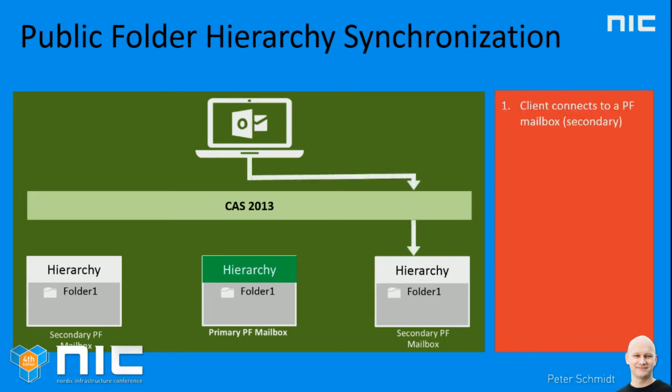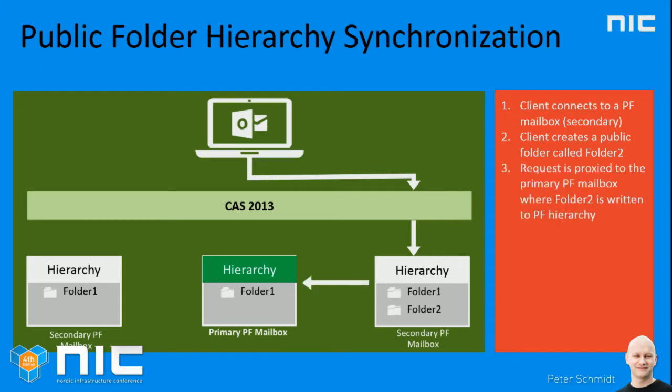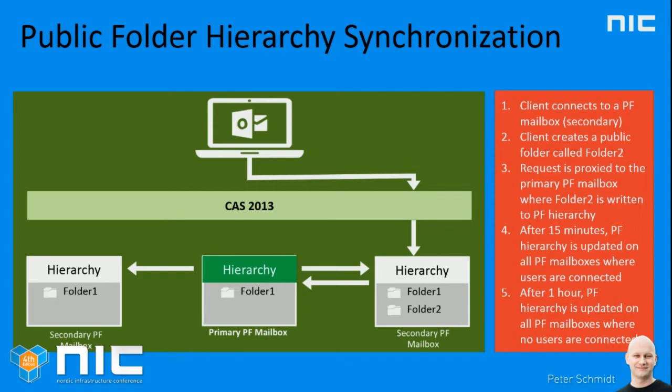So when a user connects to one of the public folder mailboxes we have, and they create some new content, that new content could be a folder here, folder 2, that will automatically be proxied back to our primary public folder mailbox containing our main repository for the public folder hierarchy. Within 15 minutes, that hierarchy will be updated on all public folder mailboxes that users are connected to. We can have public folder mailboxes which users are not connected to, but they'll get an update within an hour.